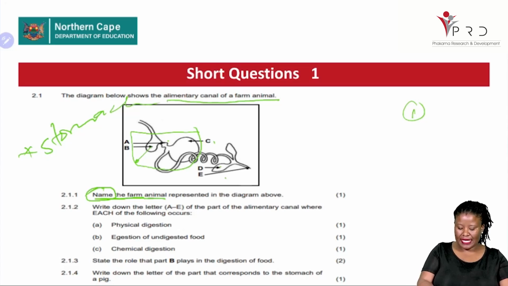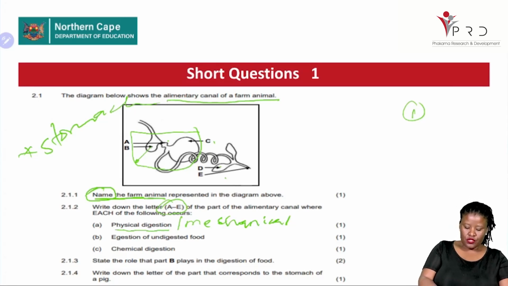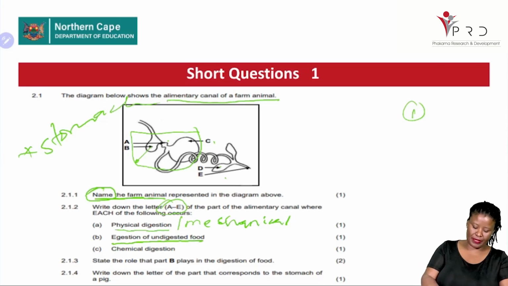Write down the letter, A up to E, of the part of the alimentary canal where physical digestion occurs. When we talk of physical digestion, we also refer to it as mechanical digestion. You must also write the letter where ingestion of undigested food takes place. So when we talk of ingestion, we talk of excretion.